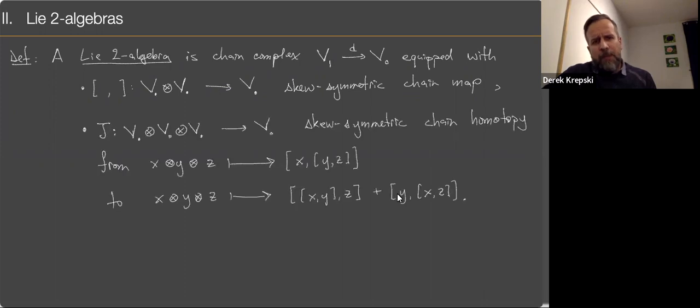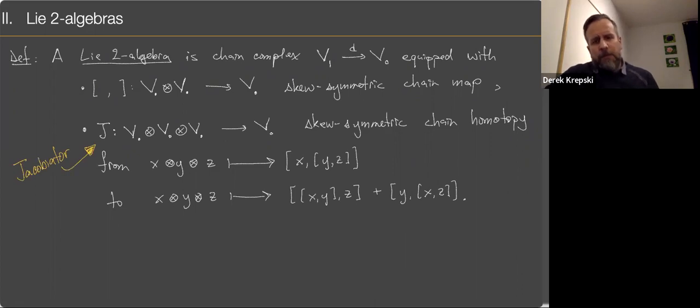This bracket doesn't satisfy the Jacobi identity, as it would in a Lie algebra, except its failure to satisfy the Jacobi identity is now measured by some skew-symmetric chain homotopy J. So we have the bracket just like we would in a Lie algebra, but there's no Jacobi identity. And this J, sometimes we'll call it the Jacobiator.